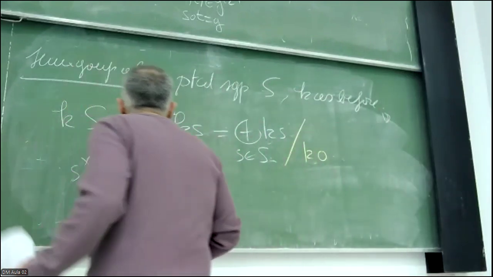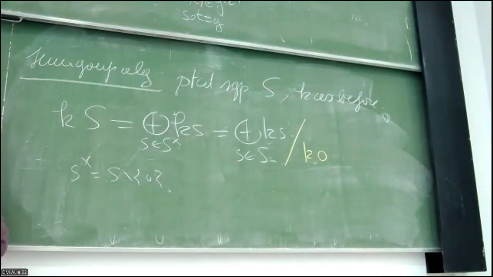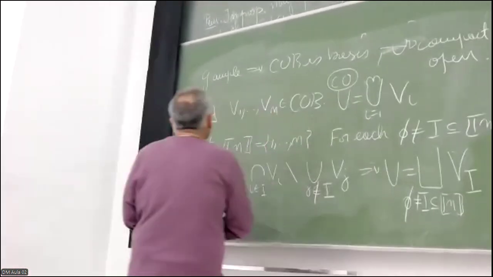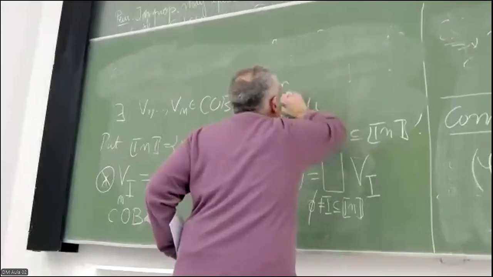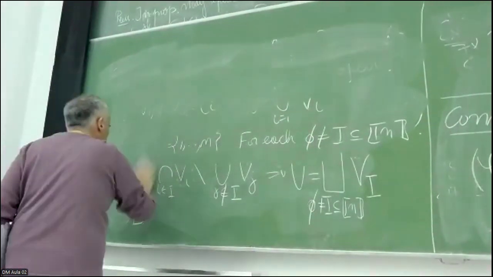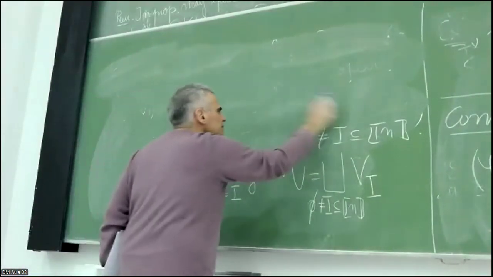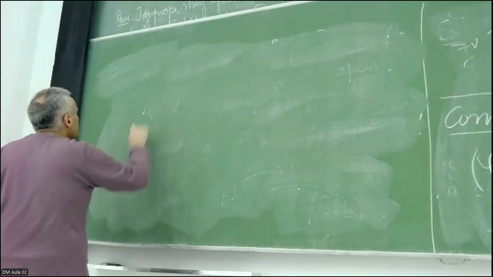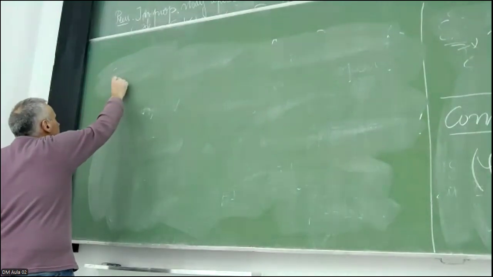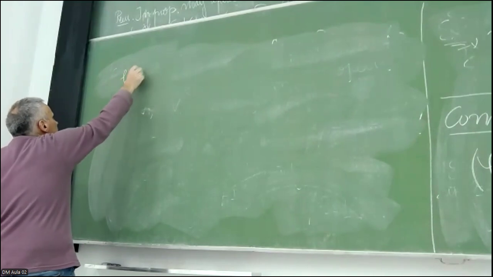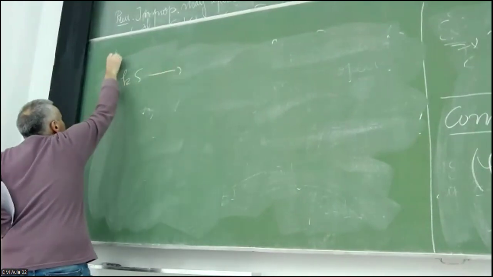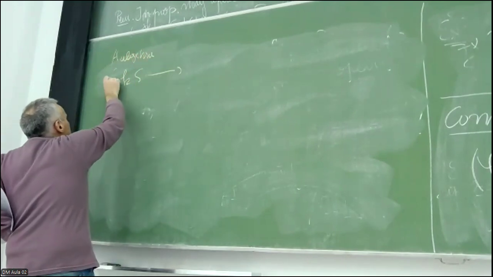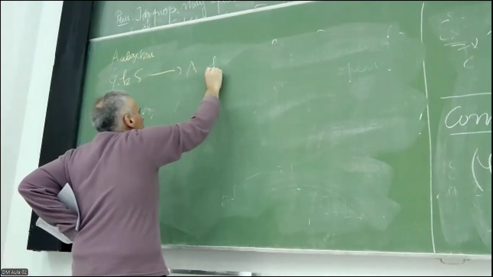All right. So this semigroup algebra has the property that, say A is an algebra and phi is a K-algebra homomorphism.